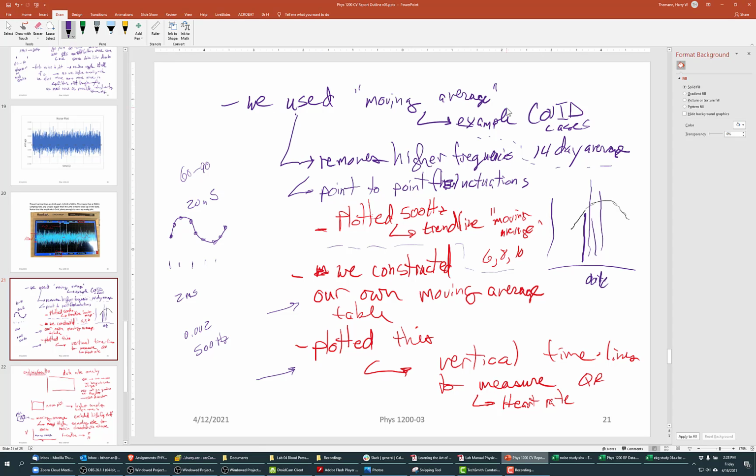So just like in the moving average of the COVID number of cases, we realized that we've got to do a kind of averaging just like they do. And so we plotted the 500 hertz. We used the trend line with the moving average to decide how many averages we were going to make.